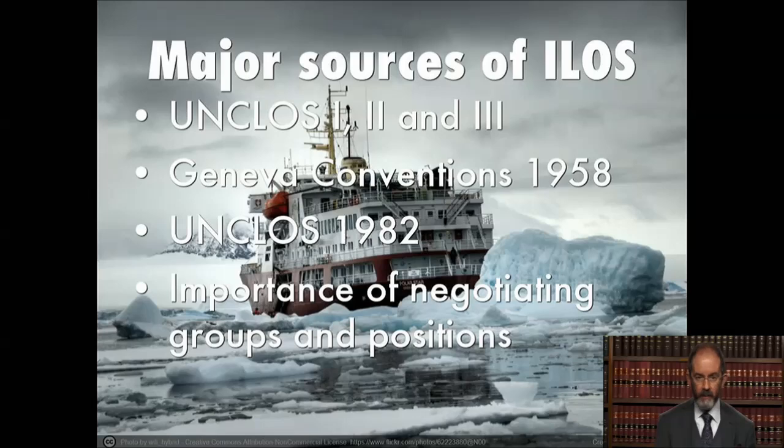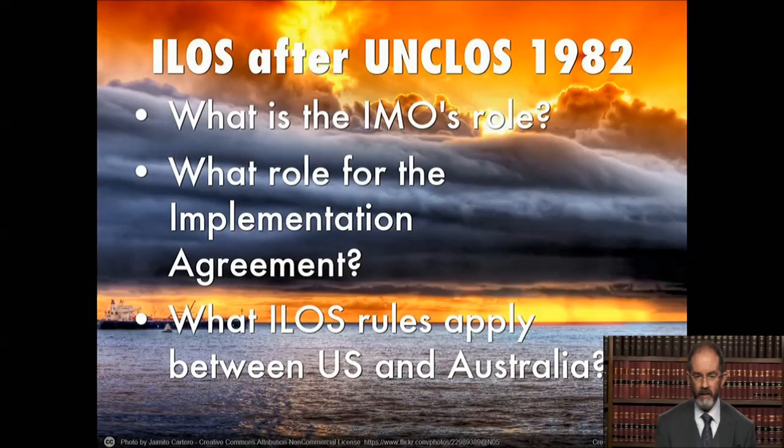All right, a couple of other questions we need to consider about the Law of the Sea Convention. First, the International Maritime Organization has a very significant role under the convention. We'll look at the IMO's rulemaking powers in later sessions under things like the Safety of Life at Sea Convention.